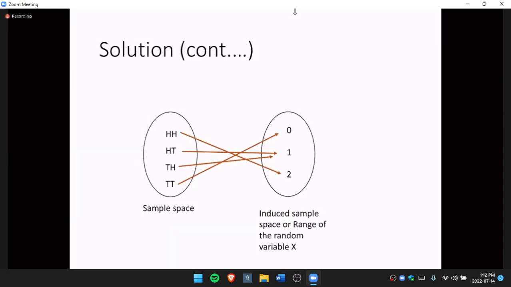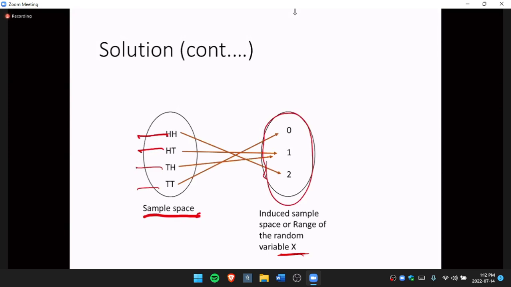We have mapped all the elements in the original sample space to these values 0, 1, 2, which means this 0, 1, 2 set is called the induced sample space or range of the random variable X, or those are the values that the random variable X can take. So we call this the sample space and this 0, 1, 2 set the induced sample space.